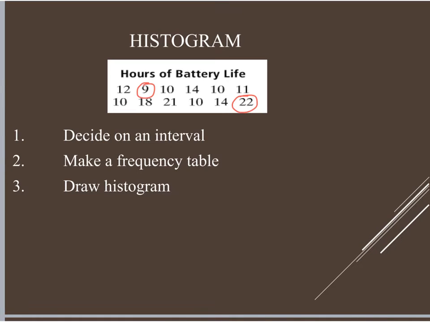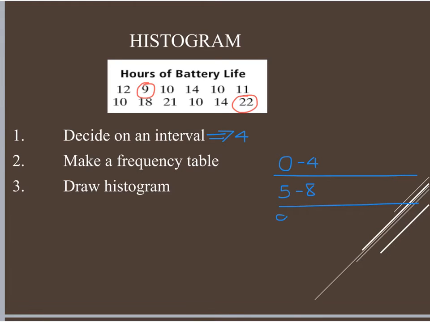Now you could go up by 2s, but looking at the data that I have here, I might have some gaps. If I go up by 2s, you could do maybe 3s or 4s, okay? And it really doesn't matter. So what I'm going to do here is I'll probably go up by increments of 4. So for my frequency table, my interval I'm going to say will be in groups of 4. So I'm going to look at 0 to 4. Then I'm going to do 5 to 8.